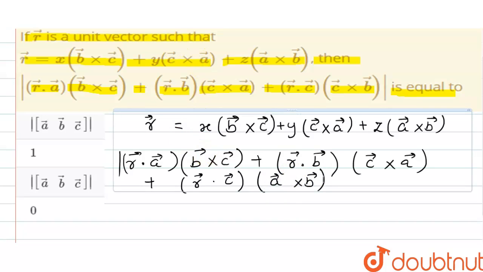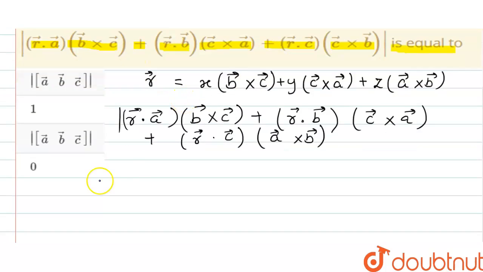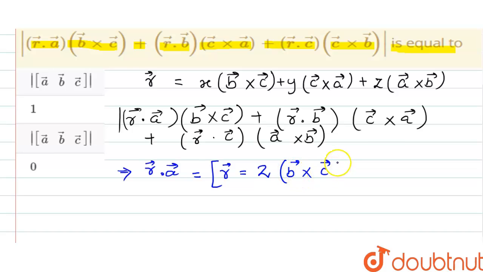Then we have to take it as common. Then we got R vector dot A vector, then the remaining vector will be V vector multiplied by C vector plus y.